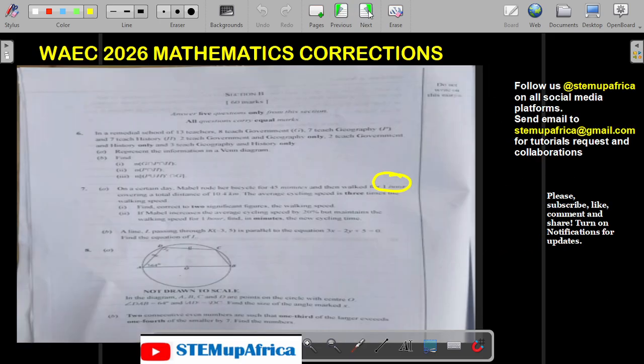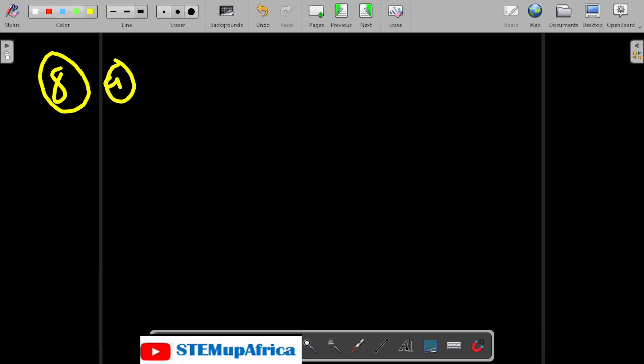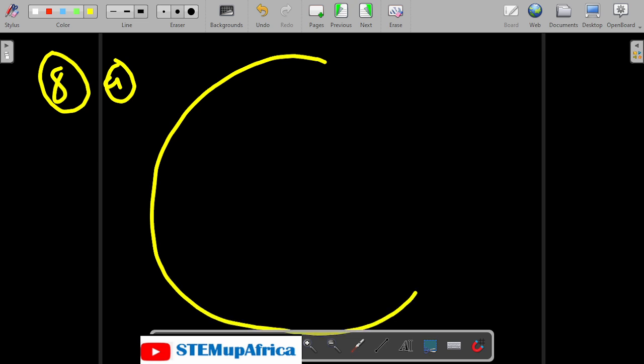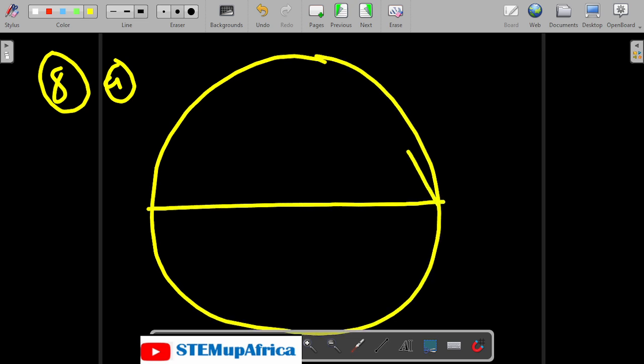Question 8a is circle geometry. Let me rescale the figure. We are asked to find x, the angle marked x. Let's redraw for clarity. This is a circle with lines here. One passes through the center, here is AB.